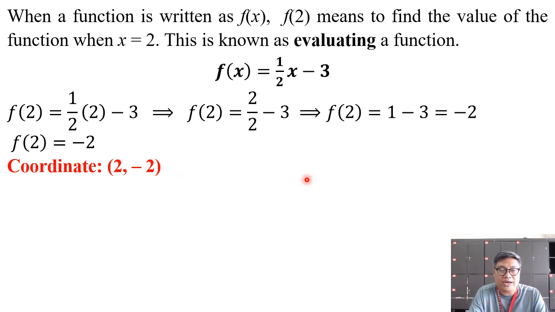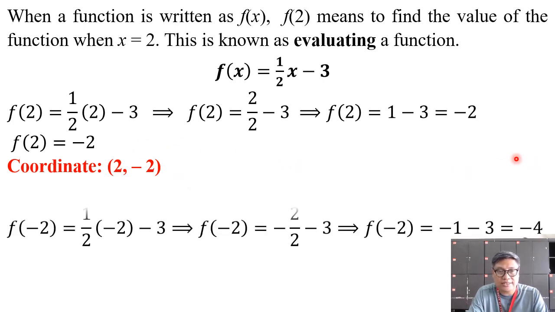Now, what if we have another value of your x? Say, for example, if your x is equal to negative 2. If you're going to input negative 2 into the function, then you are going to simplify it. So, again, 1 half of negative 2 minus 3. That is the same now as f of negative 2 is equal to negative 2 all over 2 minus 3. So, we know that negative 2 divided by 2 is negative 1, minus 3, then the result is negative 4.